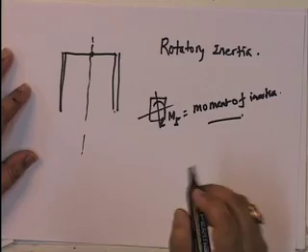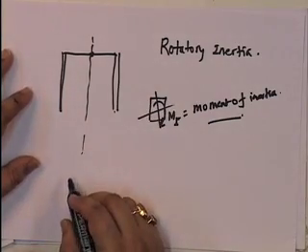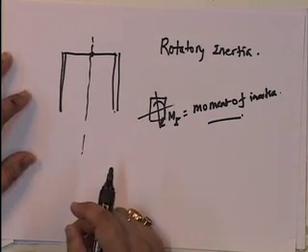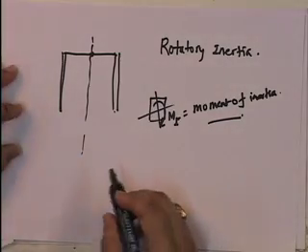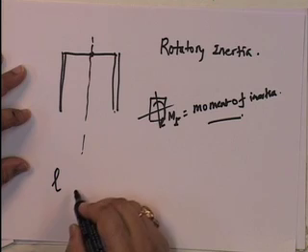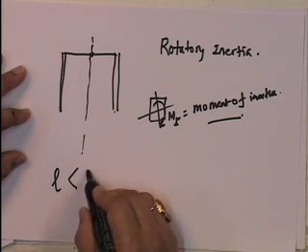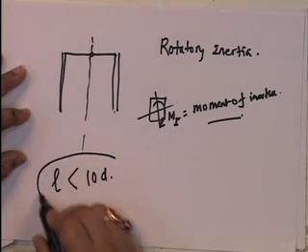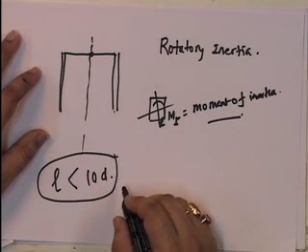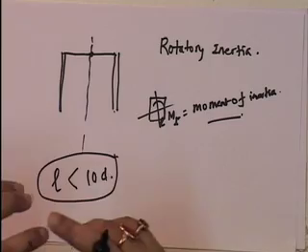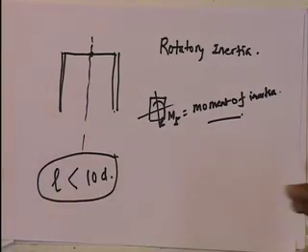And similarly, if you have a cross section which is deep, the beam is deep. A deep beam is one where L is typically less than 10 d. If L is less than 10 d, the beam is not called a slender beam, it is called a deep beam.